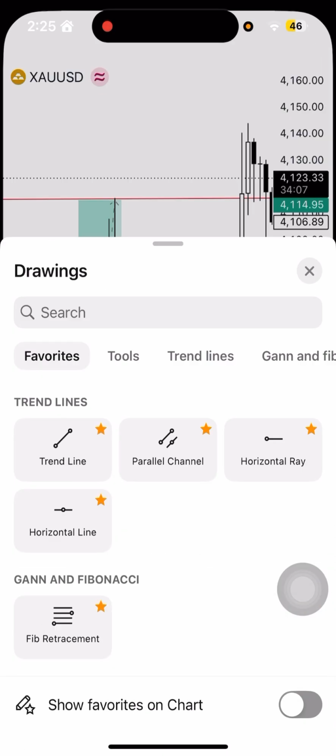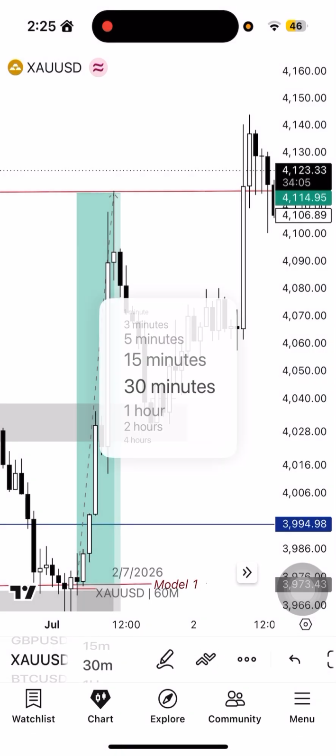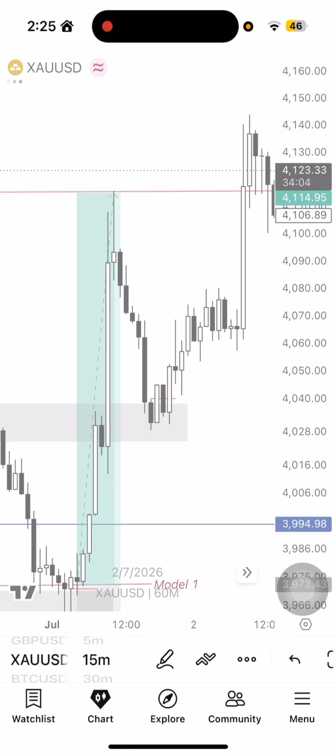If you go to the 15-minute time frame where we got our entry, the breaker block mitigated and then it gave a bullish engulfing candle, which gave us our confirmation.